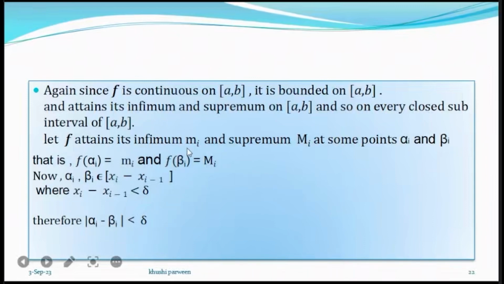Let f attain its infimum m_i and supremum M_i at some points alpha_i and beta_i, that is, f(alpha_i) is equal to m_i and f(beta_i) is equal to M_i. Now alpha_i, beta_i belong to the closed subinterval [x_(i-1), x_i], where x_i minus x_(i-1) is less than delta, because this is the length of the subinterval, as I have written earlier. Therefore, alpha_i minus beta_i is less than delta.